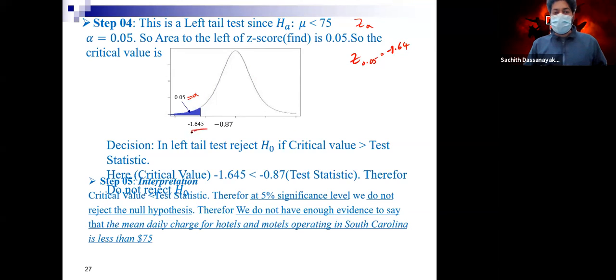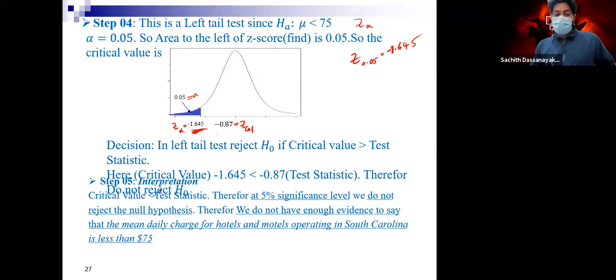They have given 4.5. So this is your C cal, and this is C alpha. So you know this C cal is greater than your C alpha, then reject or do not reject?